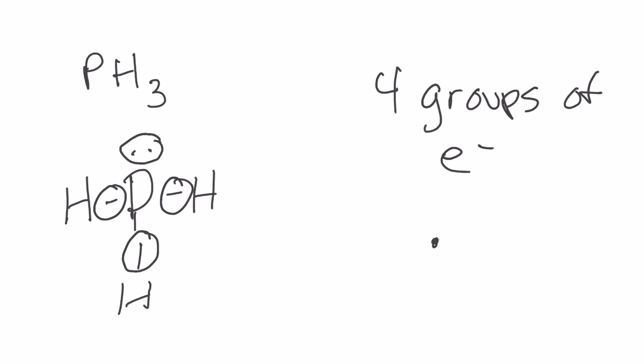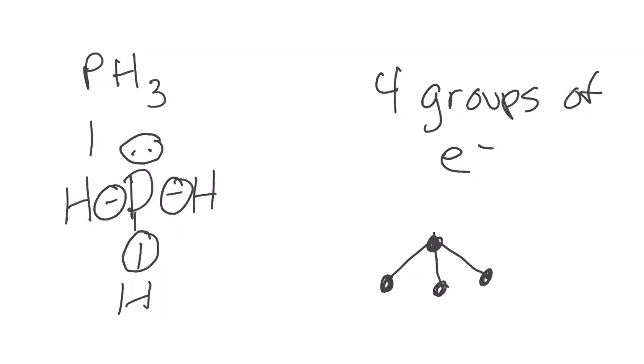And that gives me this generic shape. And now I have to add the atoms. I have a phosphorus atom here, hydrogen, hydrogen, hydrogen here, and there's nothing on the top. So that kind of looks like that. There's no atom on the top. So here is the shape of that.